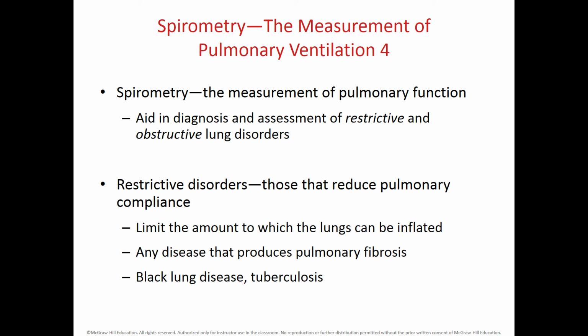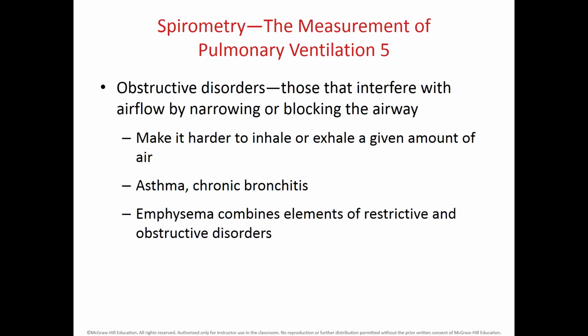Pulmonary fibrosis, you can have it as a result of having black lung disease, in which the person has been exposed to contaminants like coal, like asbestos, or other particles, or if the person has tuberculosis, the lungs can be damaged and have pulmonary fibrosis.